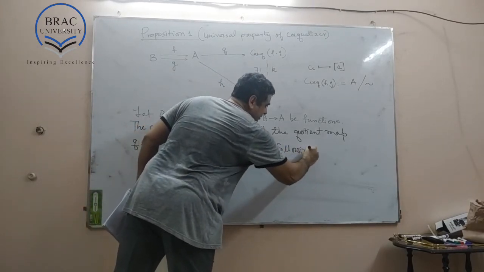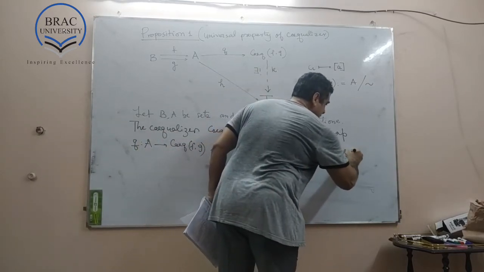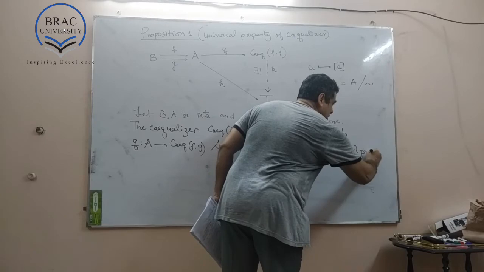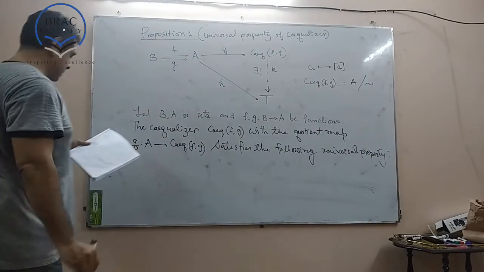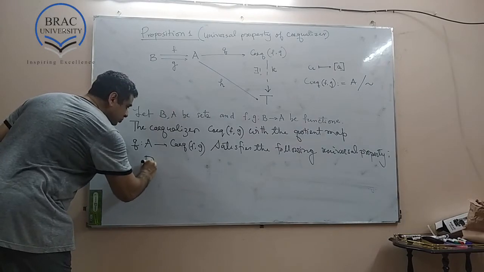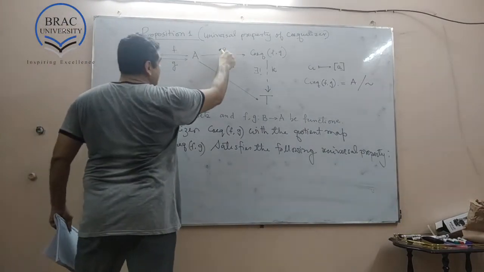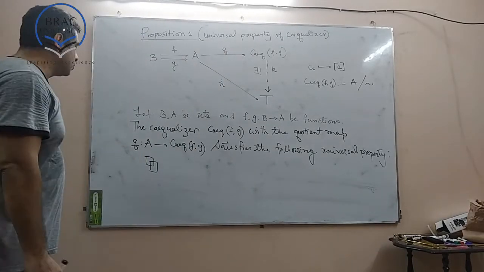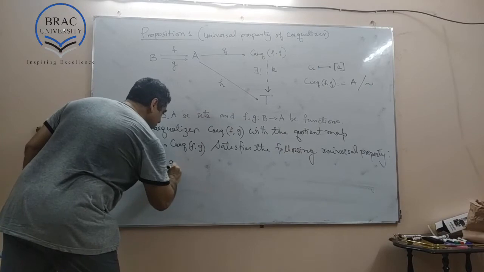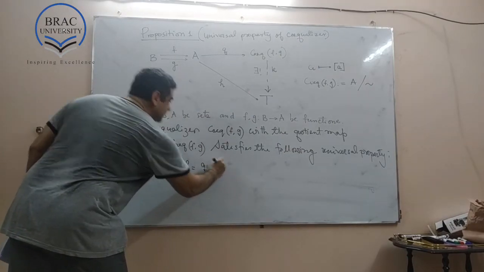First one, Q composed with f should be the same as Q composed with g, because the entire diagram commutes.